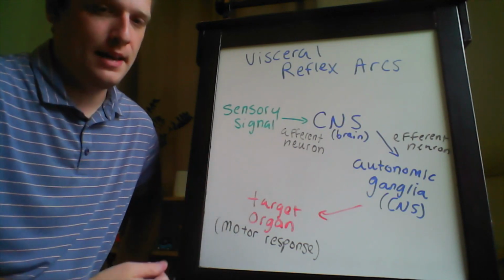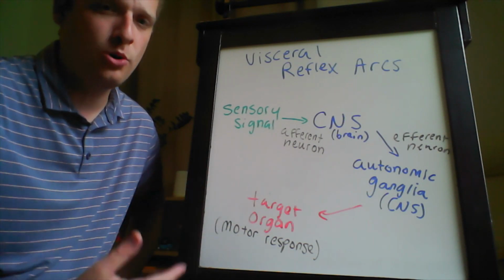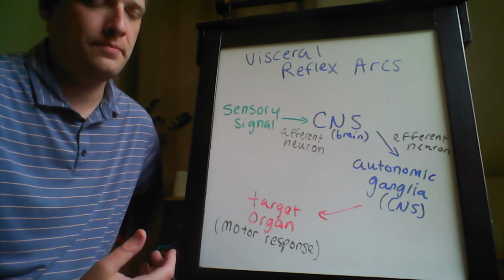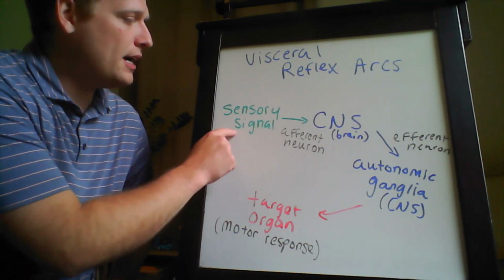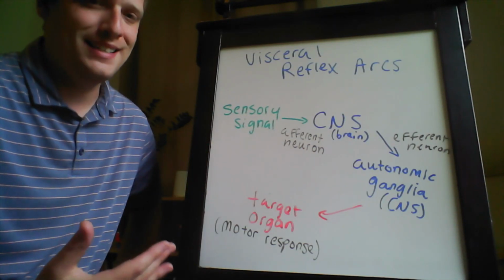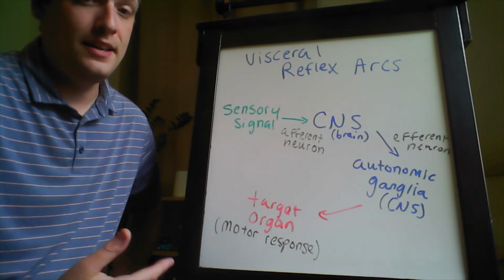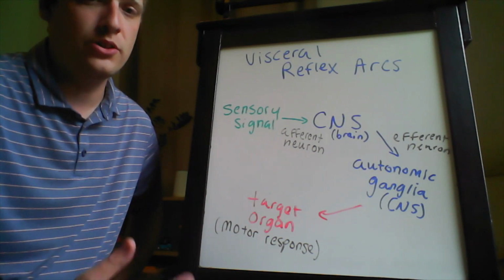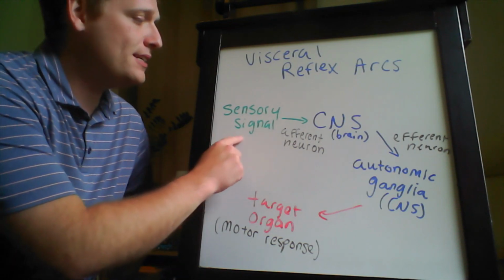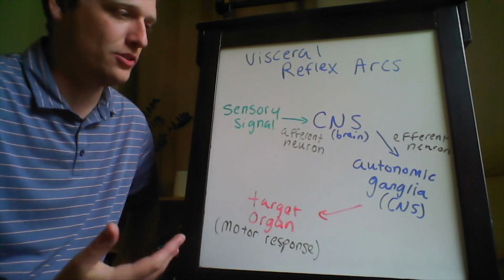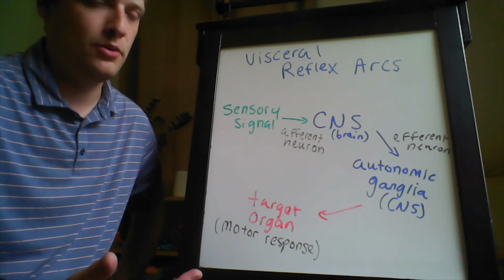The heart, for example, would be a target organ that's controlled by these reflex arcs of the autonomic nervous system. So on one side, you have a sensory signal, some signal that's being detected in the viscera or the skin, meaning your internal organs or your skin, and they're going to send a signal to the central nervous system about a certain biological variable.